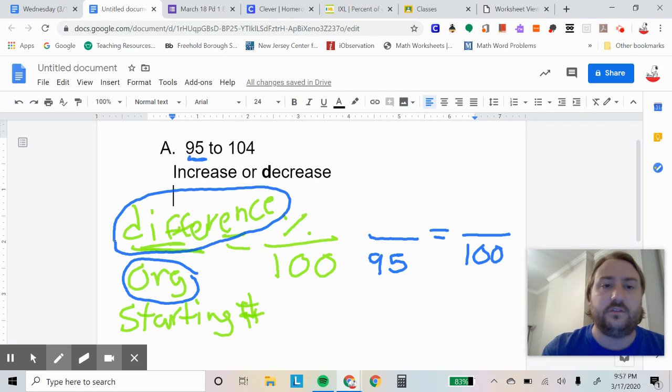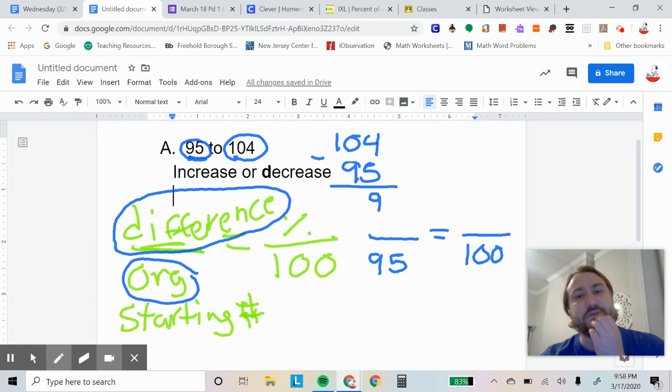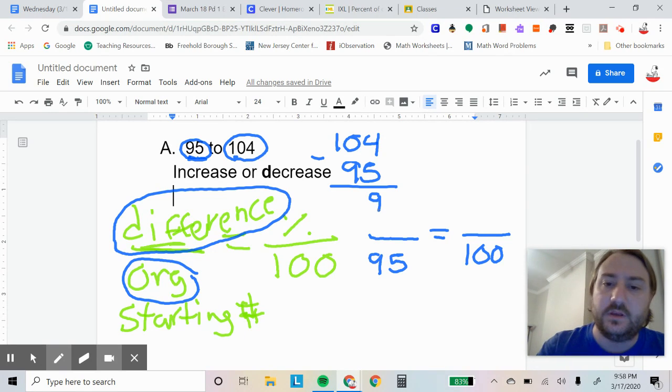In order to find the difference, we just subtract the smaller number from the larger number. In this case, it's 104 minus 95, and we get 9. So we're going to put 9 here.